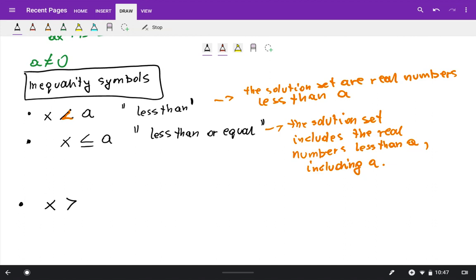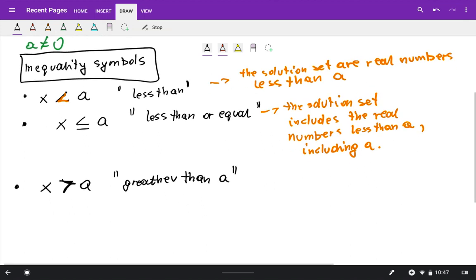Next one we have x greater than a. This symbol right here we read as greater than a.